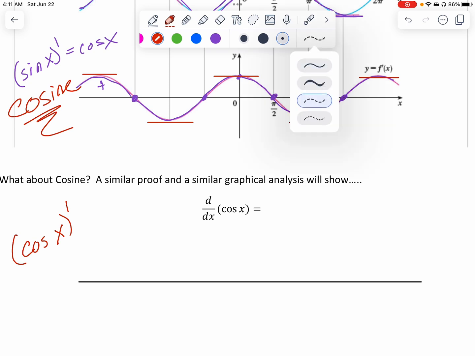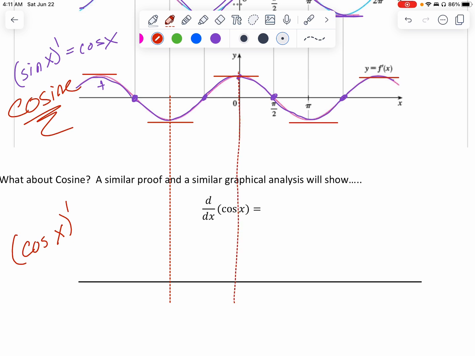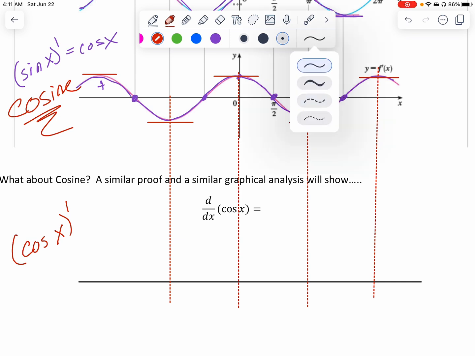So let's line these up. So every time I have a 0 tangent line, I should have a 0 on this graph. Or a root, I'm sorry. So a flat horizontal tangent line tells me that I have a root on the derivative.